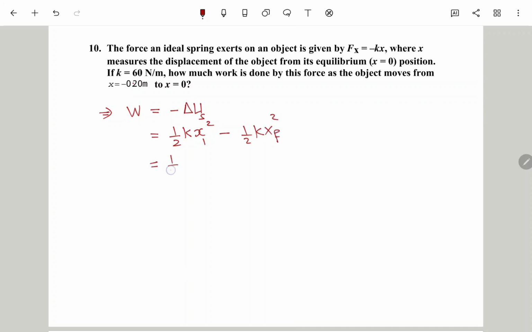In other words, half k, which is 60, times x equal to 0.2 squared, minus half 60 times x final, which is 0. That equals 30 times 0.04, or 1.2 joules. This is the work done by this force, and by the way, this force is the spring force.